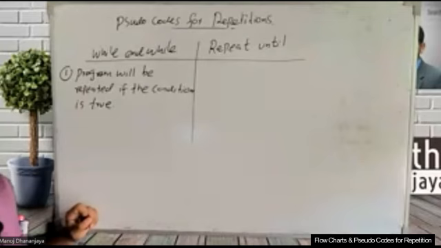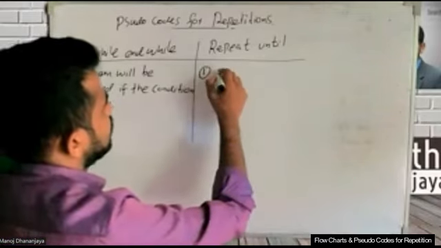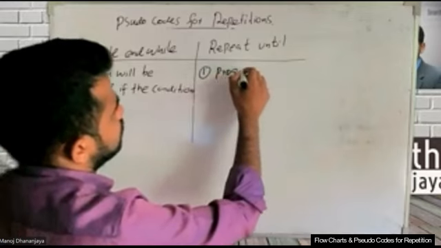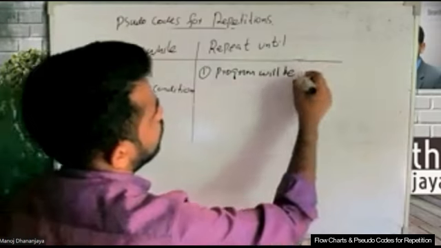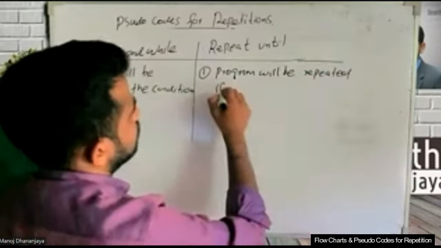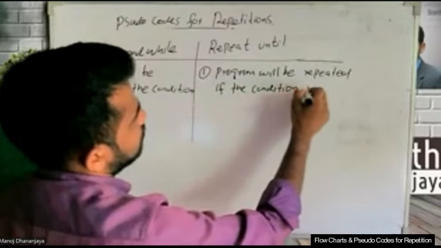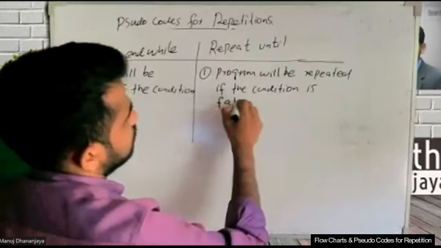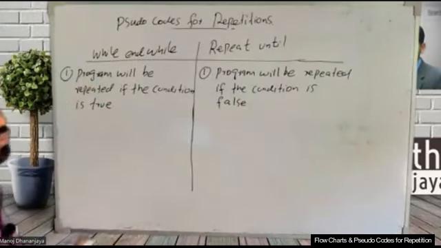On the other side, we can write: program will be repeated if the condition is false.